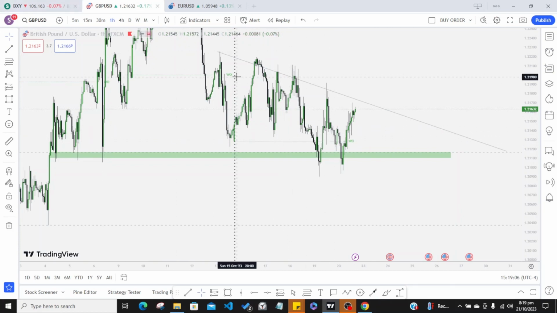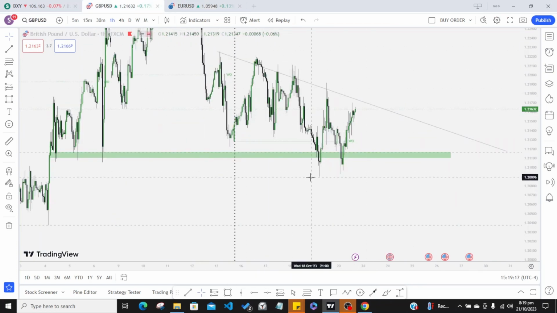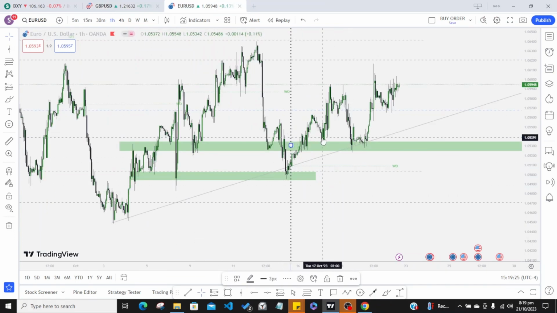Since the dollar was consolidating, these two pairs decided to form a mind of their own. So Euro USD was on a bullish trend while GBP USD was on a bearish trend, which shows very poor market conditions. For most parts of the week, Euro USD has been trending upward, making higher highs and respecting support.